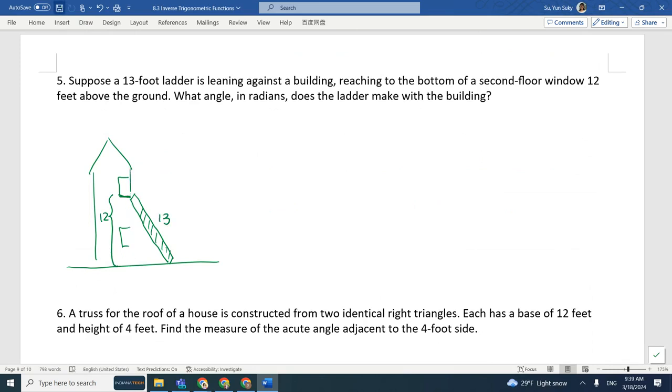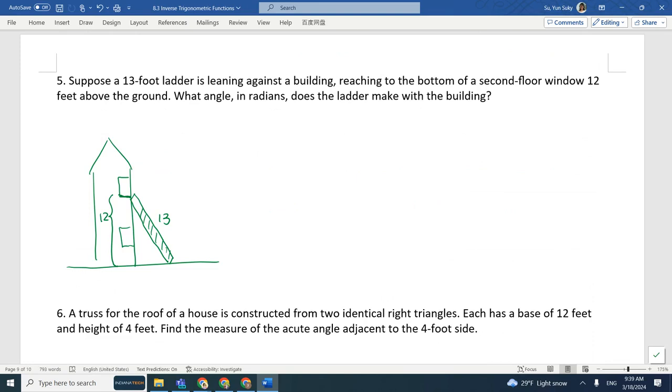Let me draw this better. Okay, so that's the picture. Someone wants to climb up to the second floor, and this is 12, and we want to find the angle in radians the ladder makes with the building.